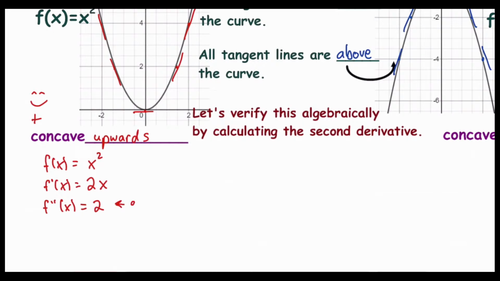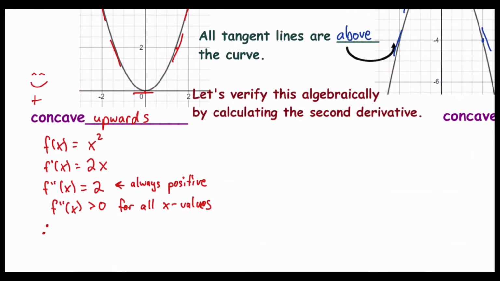And we'll note that this is always positive because the value doesn't change. So if it's positive 2 to begin with, or at a given point, it's going to be always positive 2. So we'll note that f double prime of x is greater than 0 for all x values.